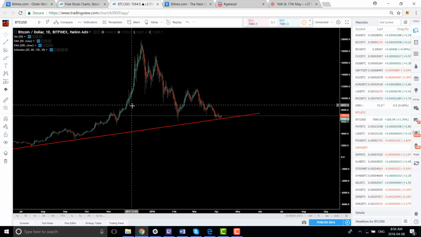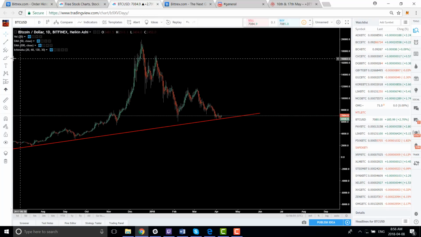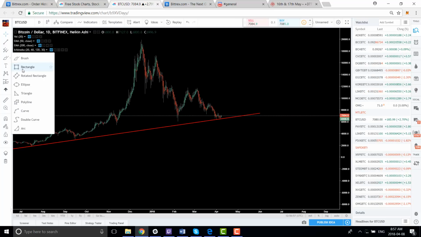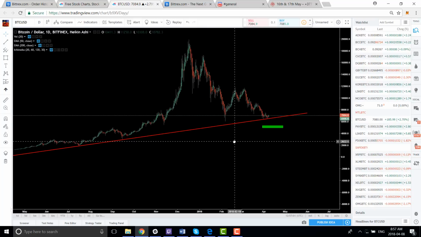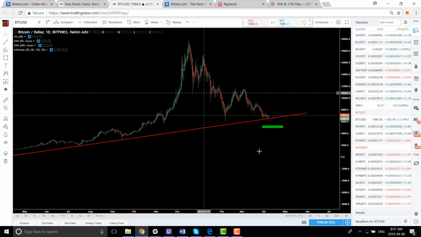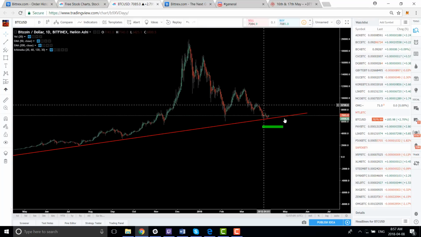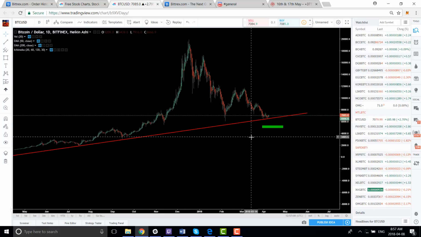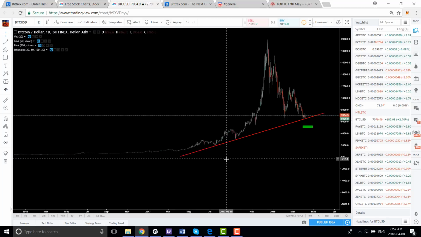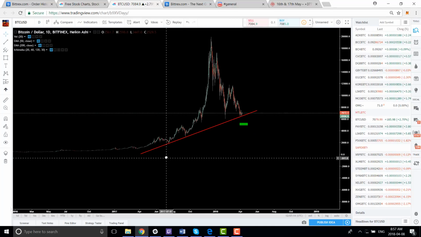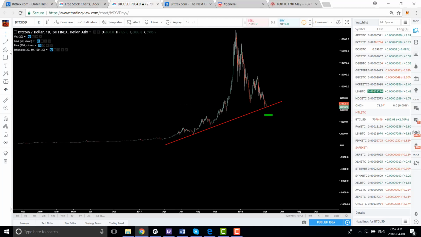For example, I would enter as close as I can to the line, and I would put my stop loss below the line. So if we broke this trend, I know Bitcoin's doomed. We're going to drop down to lower levels, maybe to a support level that we do respect.